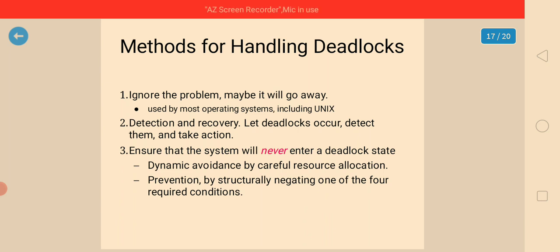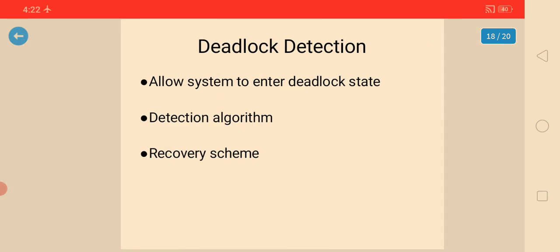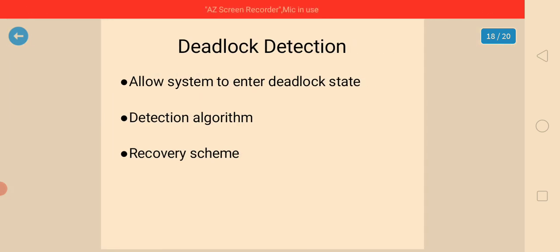Third, ensure that the system will never enter a deadlock state: dynamic avoidance by careful resource allocation, or prevention by structurally negating one of the four required conditions. Lastly, deadlock detection allows the system to enter the deadlock state, then uses a detection algorithm and a recovery scheme.